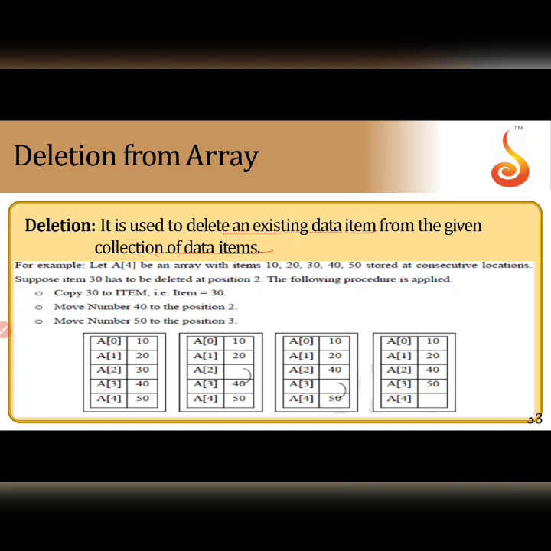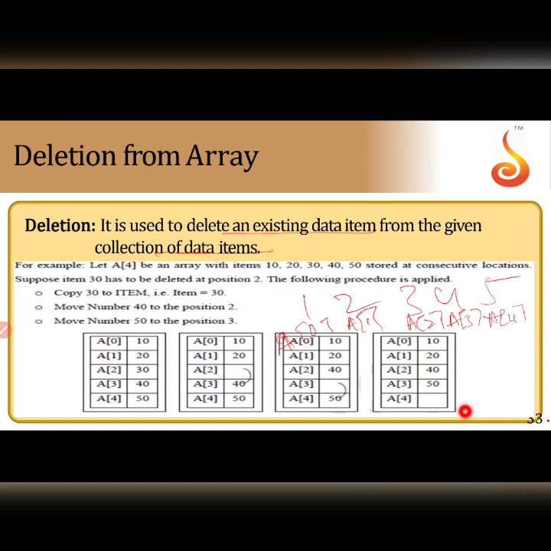Here when I say item, I am not talking about the value of the item. For example, I have 1, 2, 3, 4, 5. These are the elements of the array. This one is at the 0th location, this one is at 1, 2, 3 and 4. I am only speaking about the subscript value here.